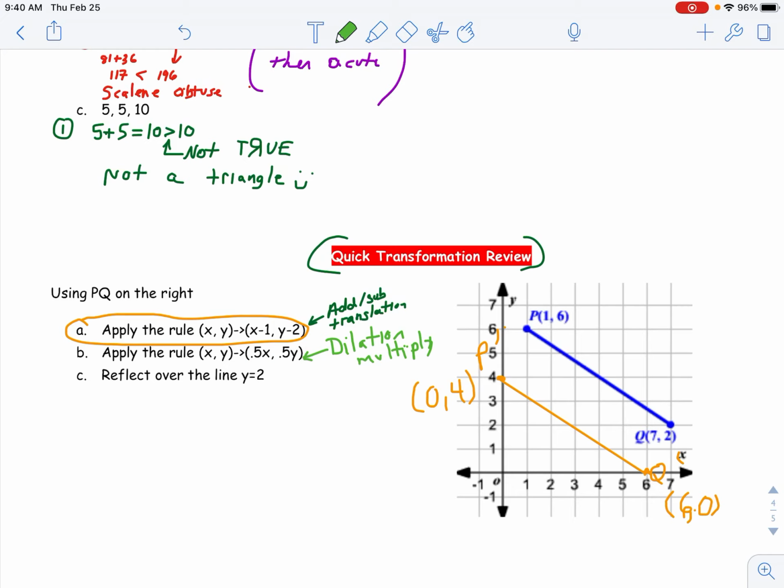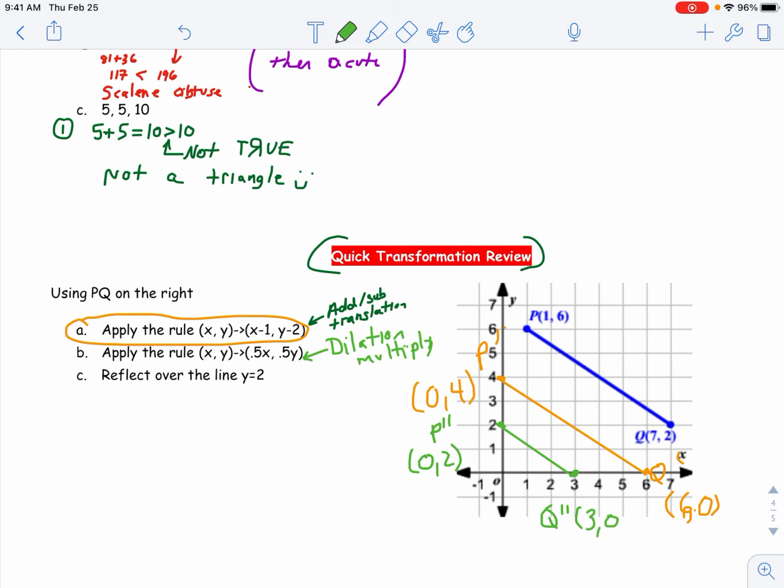So 0 times 0.5 is 0, 4 times 0.5 is 2. So boom, it's going to go there. And then Q prime will go to (3, 0) after the dilation. So P double prime is now at (0, 2), and Q double prime is now at (3, 0).